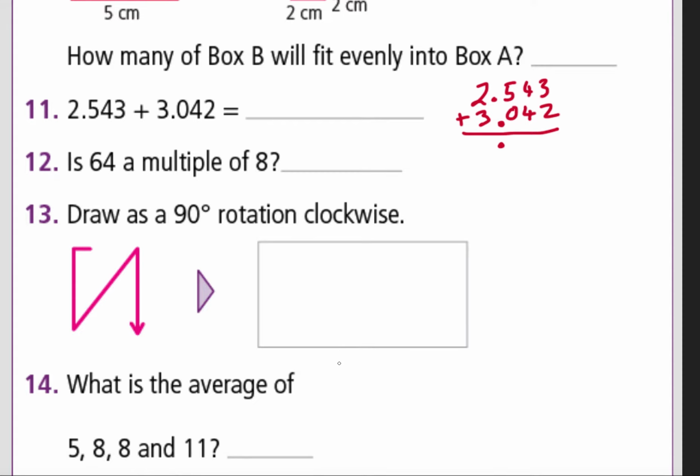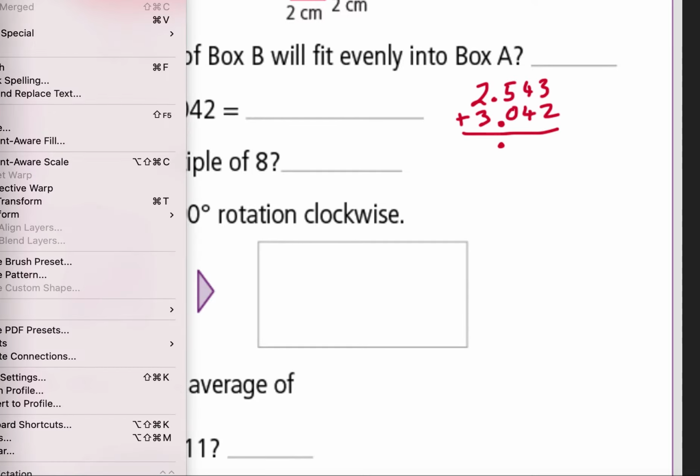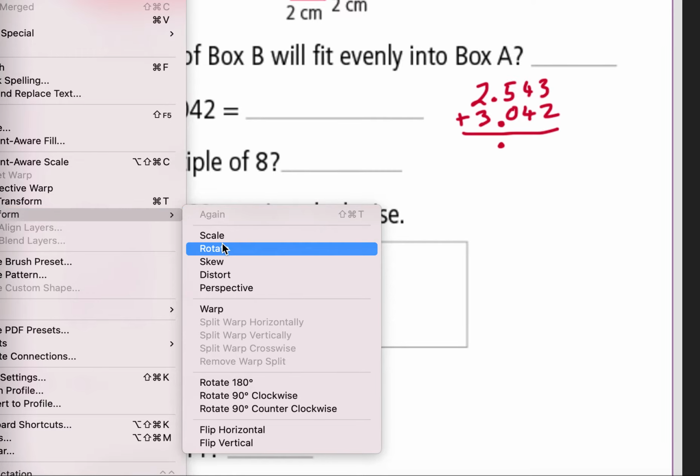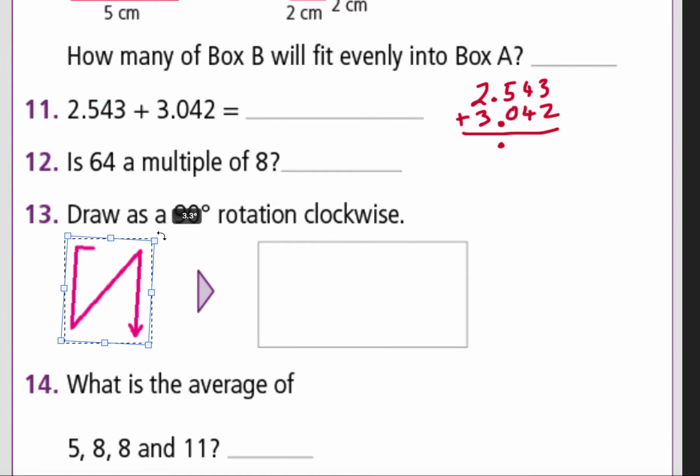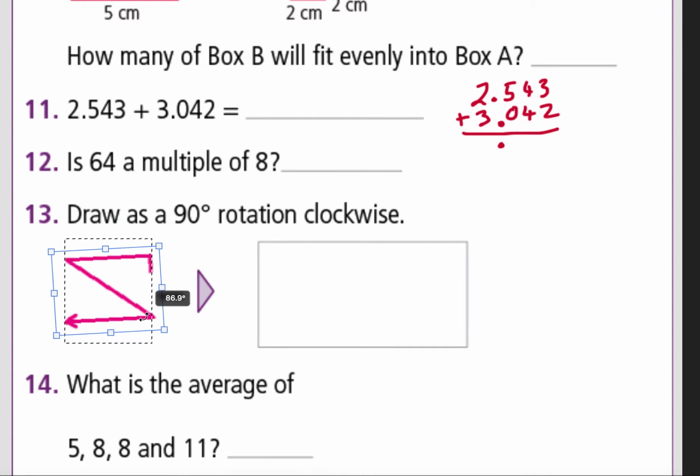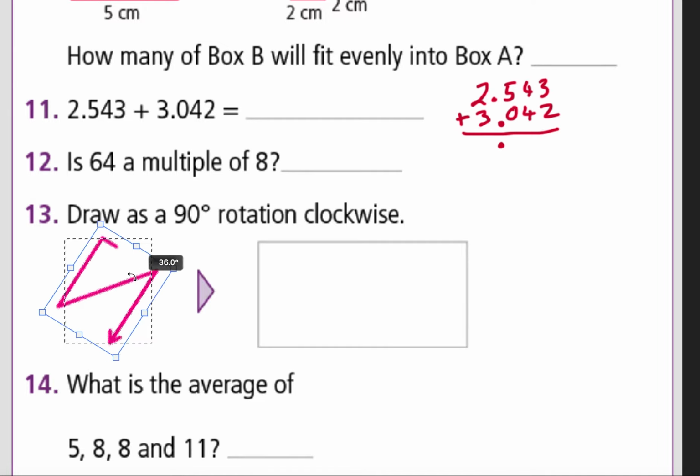Number 13, we have to draw a 90-degree rotation clockwise. So we need to take this shape here, and we need to rotate it, and this way is clockwise. So we need to rotate it 90 degrees clockwise. And that's what it's going to look like once it's been rotated like that. Okay, so again, I'll just show you that.